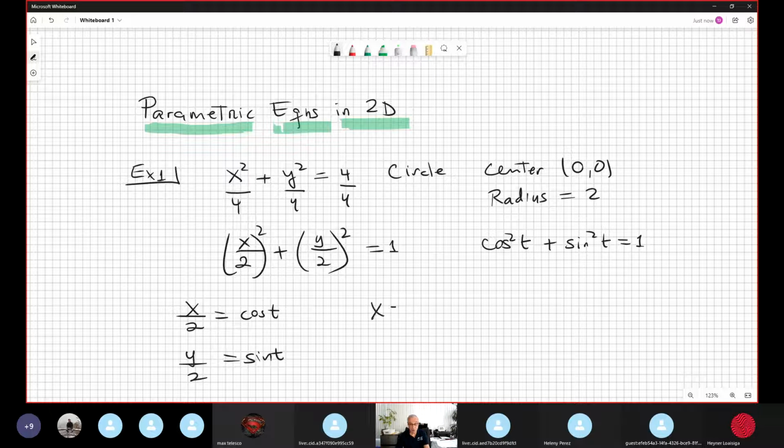Therefore, in parametric form, x equals 2 times cosine t and y equals 2 times sine t.